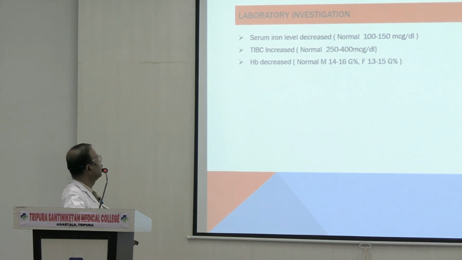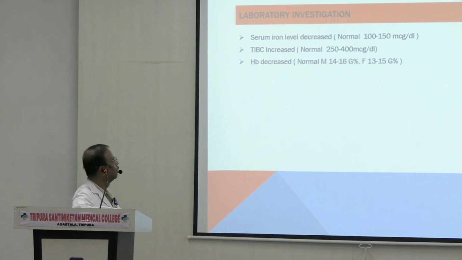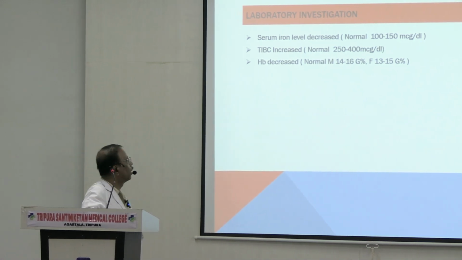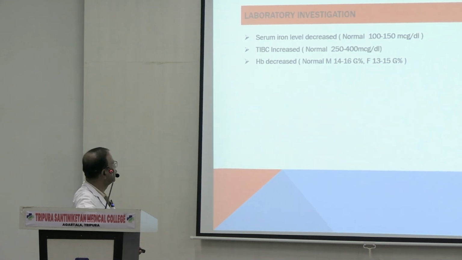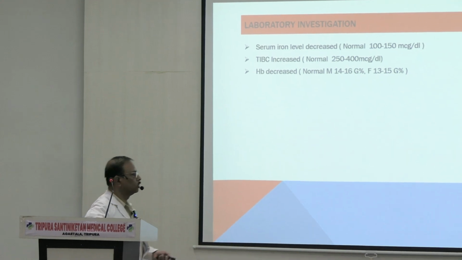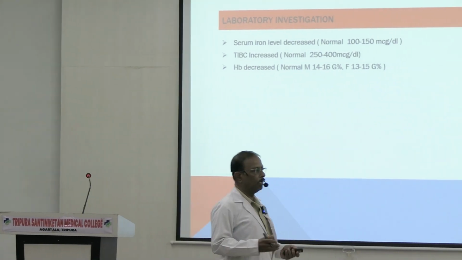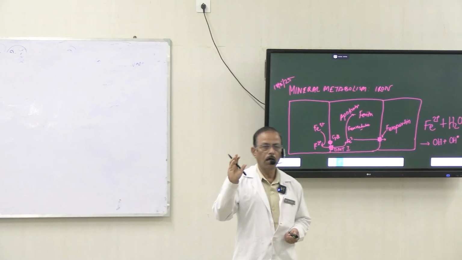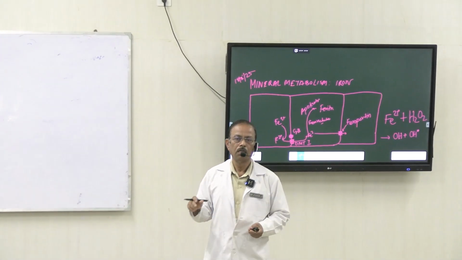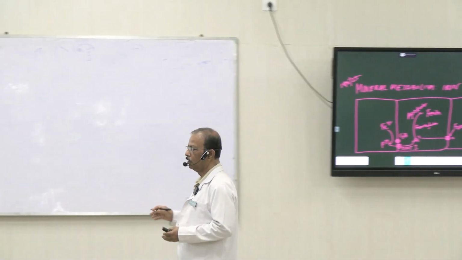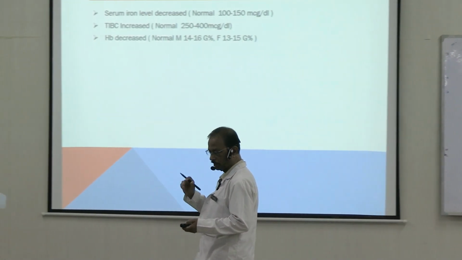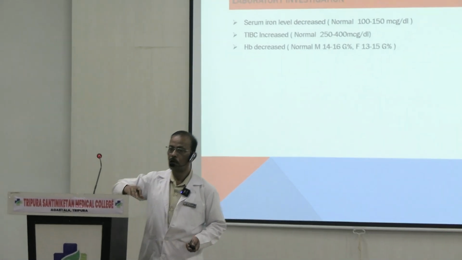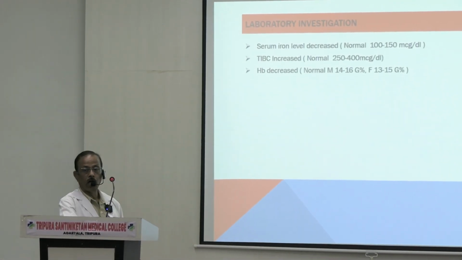In laboratory investigation, serum iron level decreases. Normal is usually 100 to 150 microgram per deciliter. Total iron binding capacity increases. Normal is 250 to 400. See, when iron level is low, the iron bound to the transferrin will be less, so the iron binding capacity of transferrin will remain high.